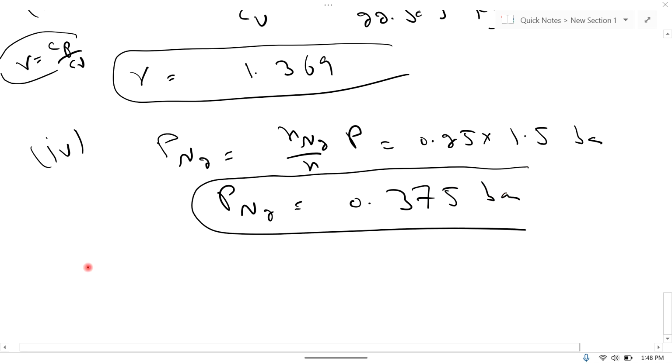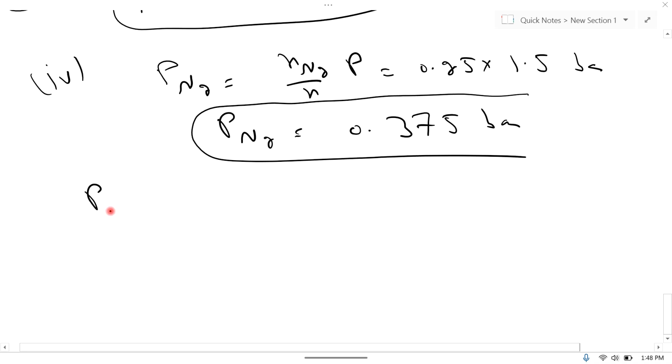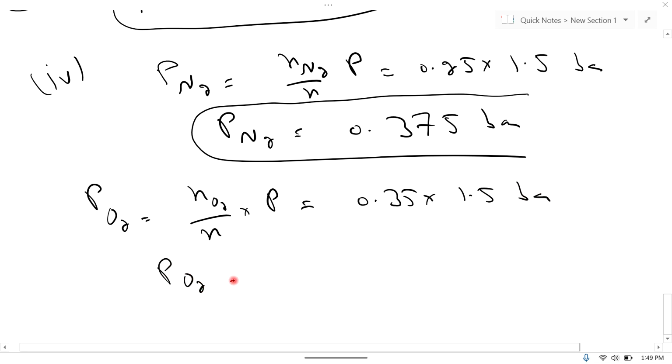Similarly, the partial pressure of oxygen is equal to the molar fraction of oxygen multiplied by the total pressure. The molar fraction of oxygen is 0.35 and the total pressure is 1.5 bar, so the partial pressure of oxygen is 0.525 bar.